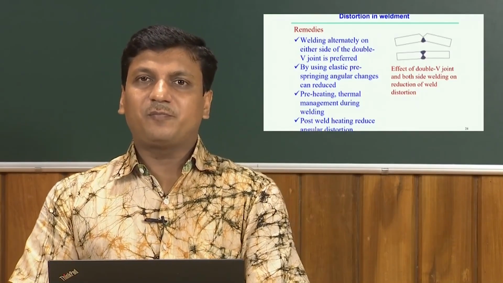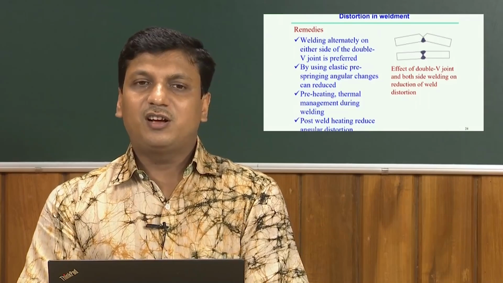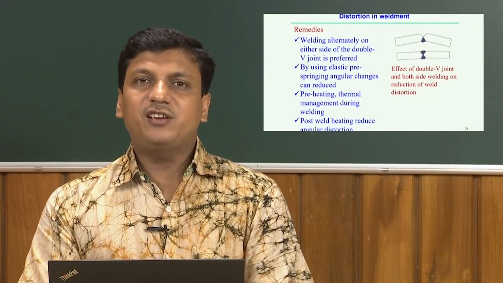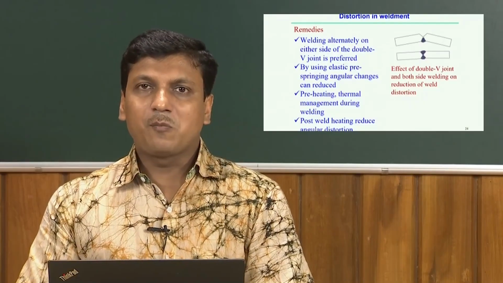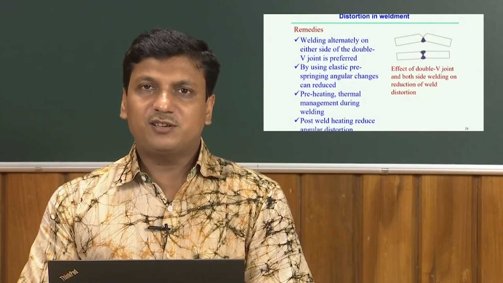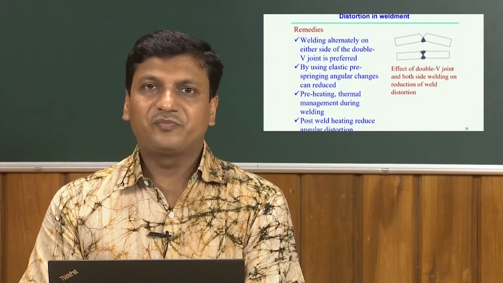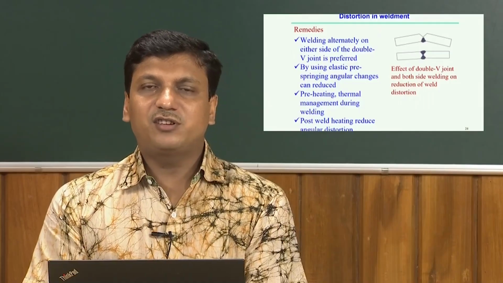So, that means using some mechanical means, for example pre-straining or pre-springing angular changes, can reduce the distortion, but at the same time the distortion is also affected by some metallurgical changes, and those metallurgical changes are very much influenced by the thermal cycle in the welding process. Thermal cycle means the time versus temperature cycle.